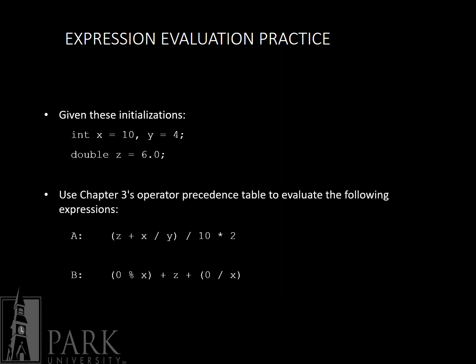In order to properly write computer programs, you need to have a good understanding of order of operations. So given these initializations, use the operator precedence table in Chapter 3 to determine the result of the following expressions. Go ahead and pause it and figure it out.